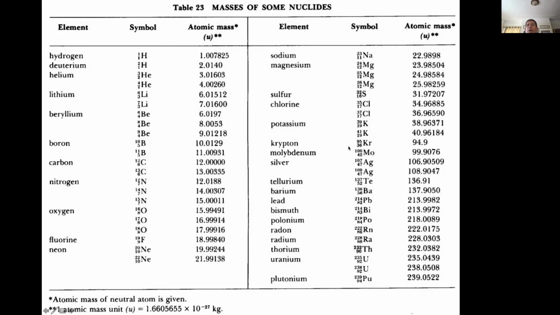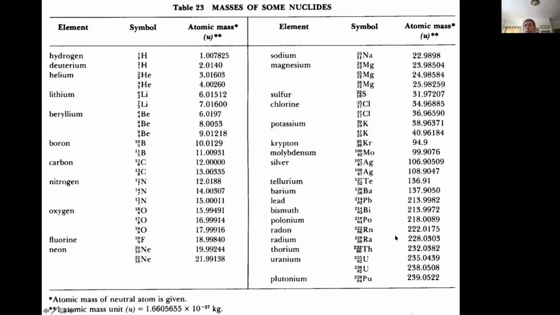Here you have krypton-95, and the atomic mass is 94.9, so it's a full 0.1% more tightly bound than the carbon standard.